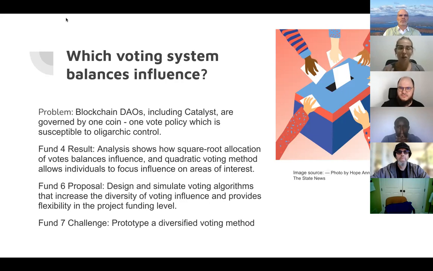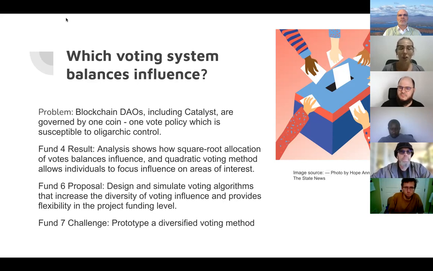So we have sort of 3 phases for this project. What we're presenting mostly on today is the completion of our Fund 4 results. So we were doing research to find sort of the best proposed method, and we found two sort of solutions combined: square root allocation to balance the influence, and then quadratic voting method to provide some kind of way to focus your interest.